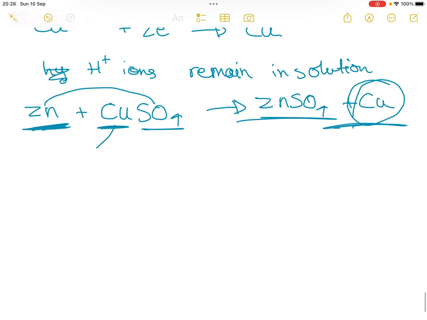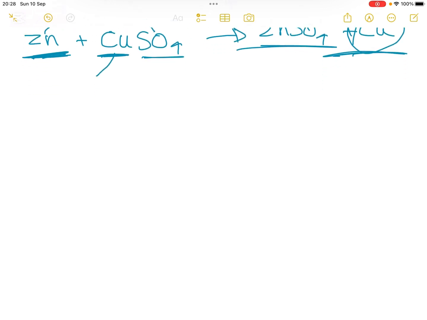So as a very quick summary, when aqueous copper sulfate is electrolyzed using platinum electrodes, copper metal is deposited at the cathode and oxygen gas is given off at the anode. And here is our overall reaction. We have the copper sulfate we're electrolyzing, with water.